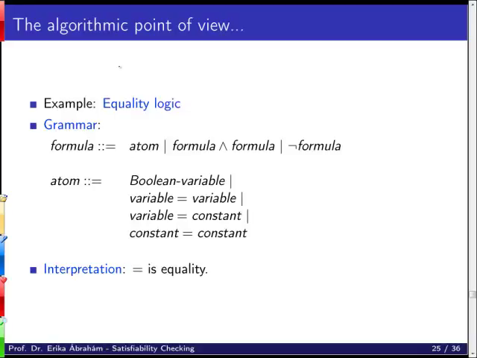And we say that by equality we mean normal equality, and not something else. So I can define a fragment by saying that it is, for example, a quantifier-free fragment of something, or I can just redefine the grammar of first order logic restricted to those parts which I would like to include. Okay.